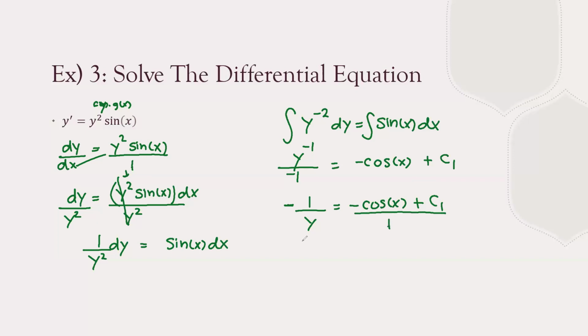So 1 times -1 is -1, and then y times that whole thing. To solve for y, you divide both sides by this whole thing.